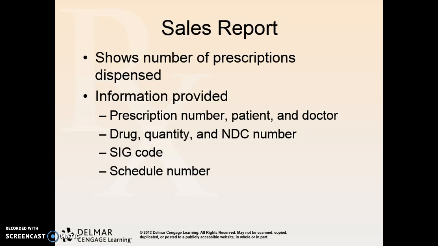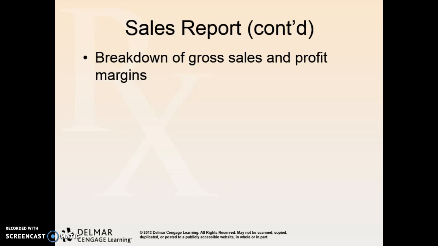This is a great piece of information for looking at how many Schedule II drugs did we dispense. And then, of course, it's going to give you information about sales and profit margins. So again, a great tool for looking at the big picture. And we can adjust the dates if we want to look at a specific quarter or a month.